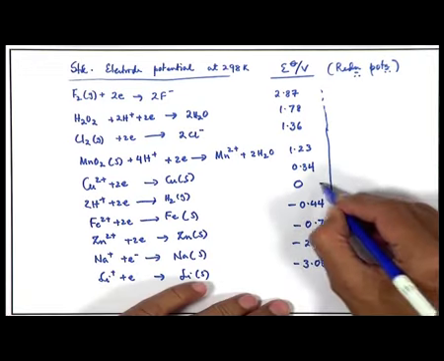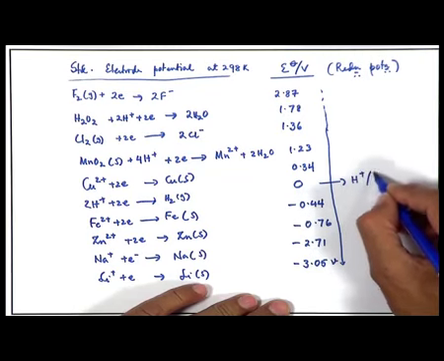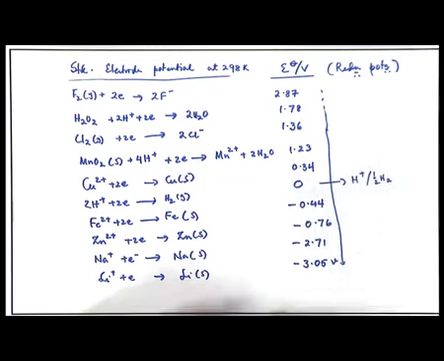Hydrogen means this H plus, half H2 system. So, that means you can say that the higher the value, the larger the tendency of the system to remain in the reduced state.